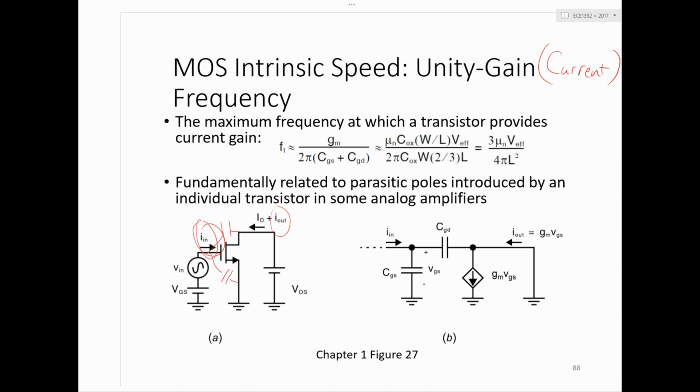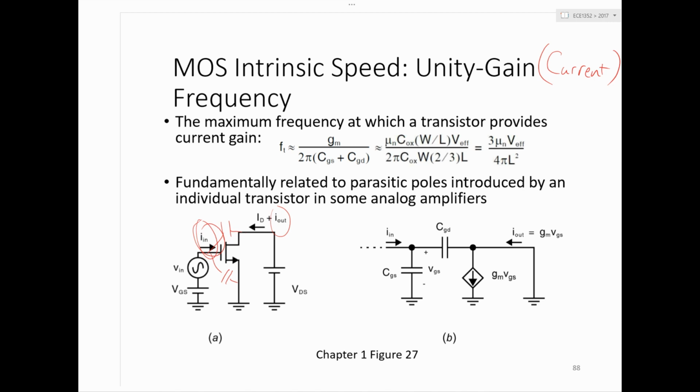At some point, you're delivering basically the same amount of gate current as what you're getting out of the gm times VGS, right? So that's a frequency beyond which it's kind of silly to even think about the transistor. You just use a wire, right? So that's why you might care about the unity gain frequency.